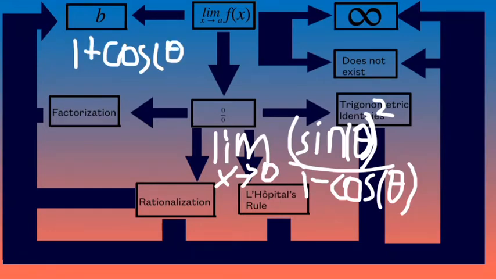And this is our g of x, for the same reason that x plus 1 was our g of x in the factorization example. So now if theta approaches 0, and we try to substitute in 0 in the place of theta, we get 2 again because cosine of 0 is 1.